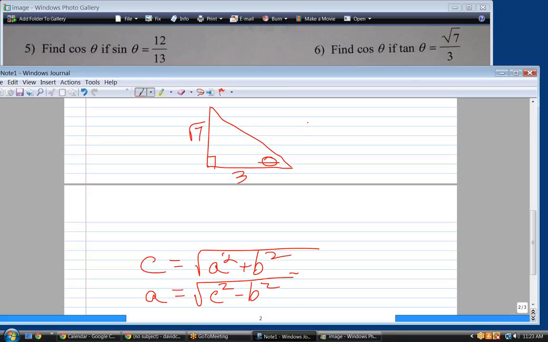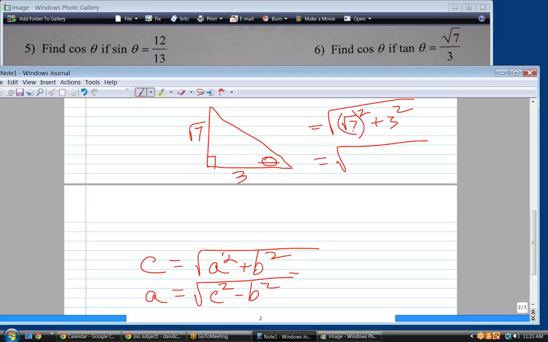Oh, so it's going to be the square root of 7 squared plus 3 squared. You said plus 3 squared? Yeah. Okay. What's this number? First of all, what's this? Don't use your calculator for the moment.